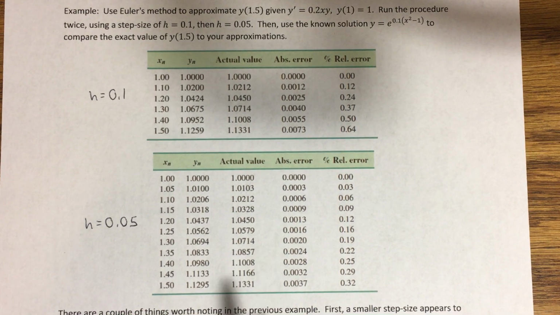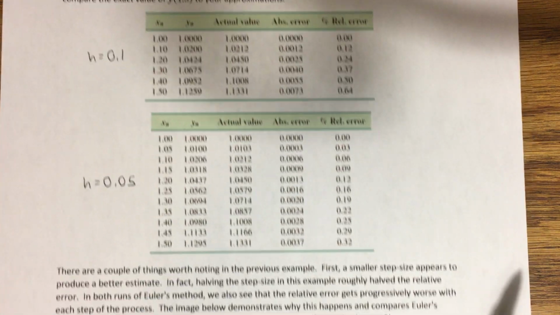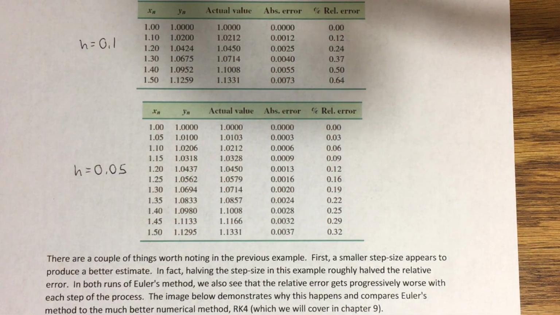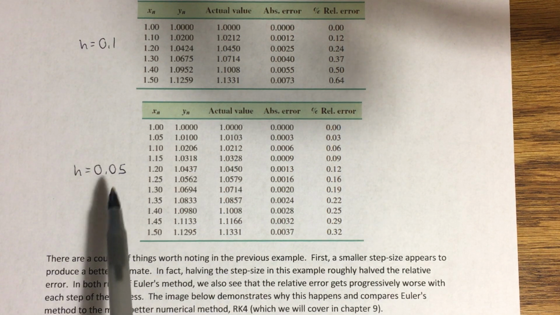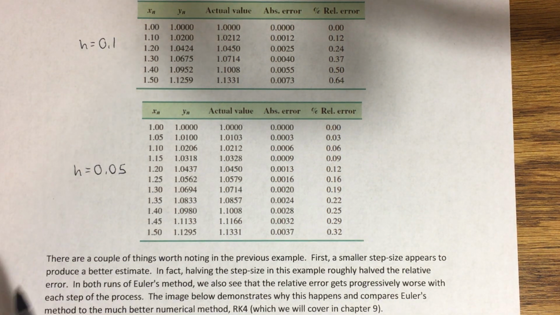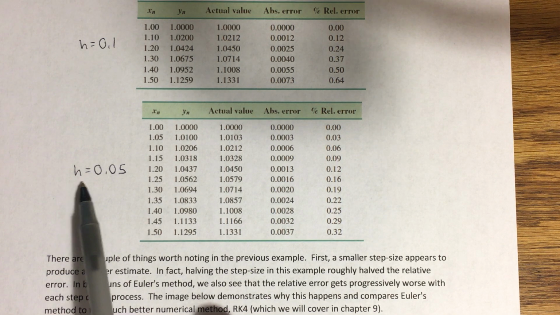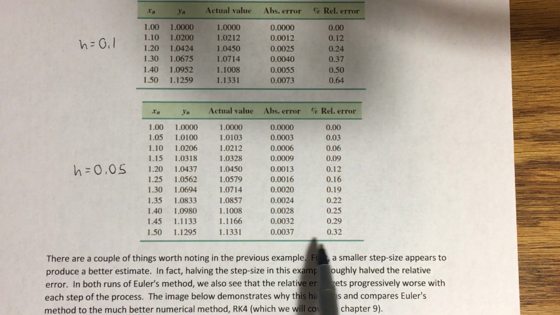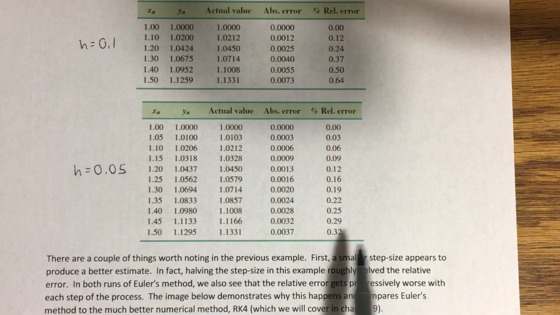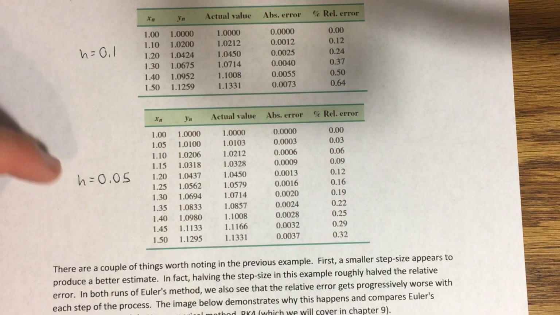In fact, there's a couple of things I want to note about this example here. First of all, as we sort of suspected earlier on in this video, the smaller the step size, in general, the better the approximation. Choosing a smaller step size gave us a better approximation because our error is smaller. In fact, you may have noticed this.